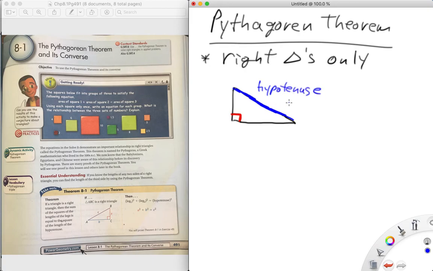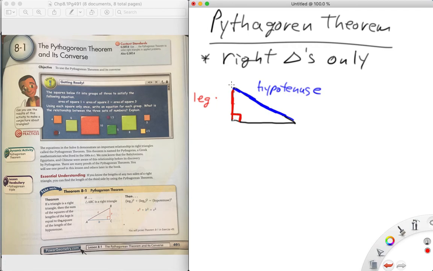We'll also use the symbol C to denote the hypotenuse. We also have the other two sides besides the hypotenuse. We're going to call those guys the legs.